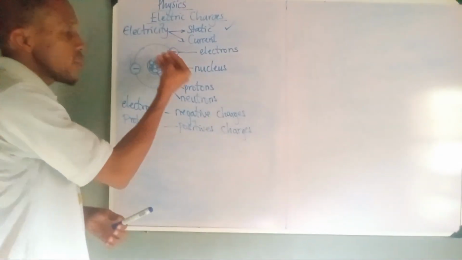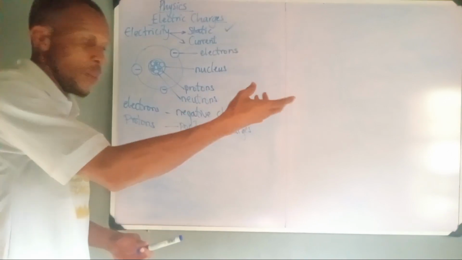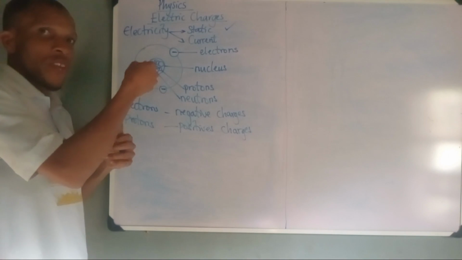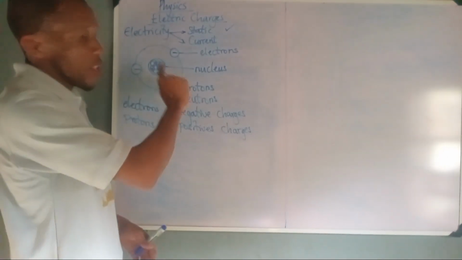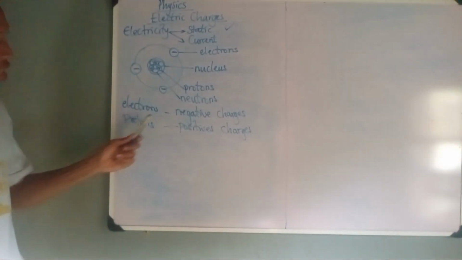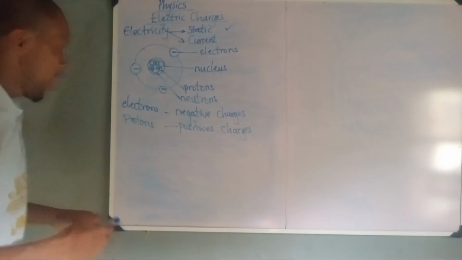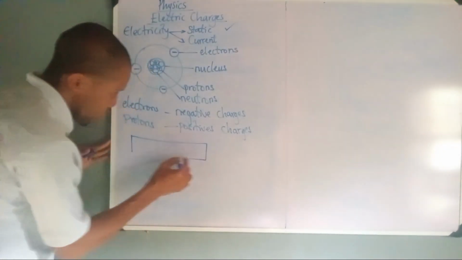Why? The electrons are light and easy to be transferred from one atom to the other. Protons are heavy and also found in the nucleus of the atom. So it's not very easy to transfer the proton of one atom to the other. So in such cases, charging of particles has to do mainly with the transfer of what? Electrons.